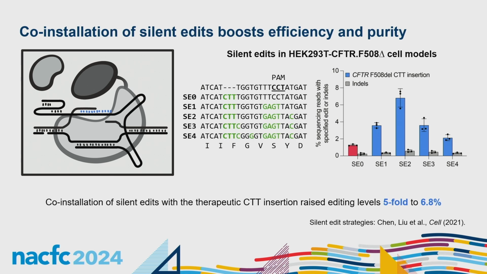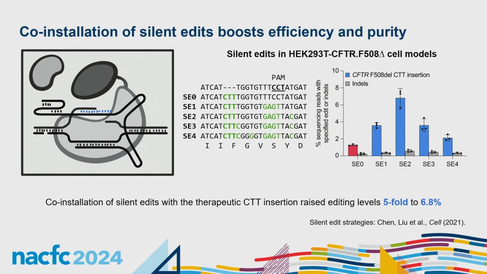And we investigated the incorporation of translationally silent edits that lead to DNA sequence changes, but not protein sequence changes. These silent edits form little bubbles of DNA mismatch when they're incorporated on one strand of the genomic DNA, which are less effectively recognized by DNA mismatch repair mechanisms.